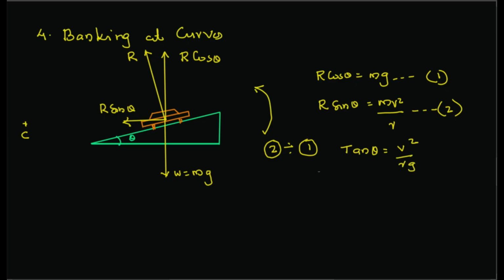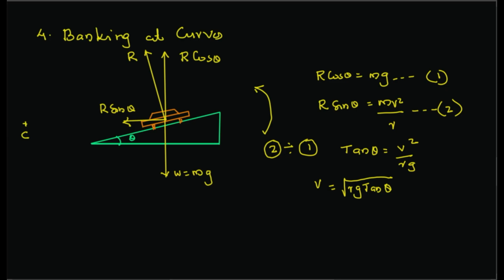Again, the optimum speed v is equal to the square root of r g tan theta. Here, v is the optimal speed.